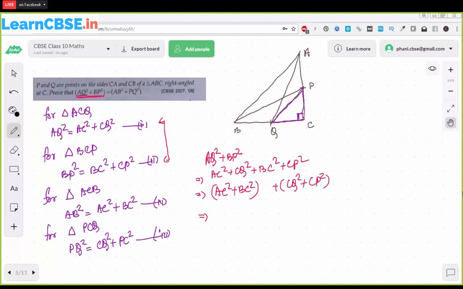So AC square plus BC square gives you AB square from the third equation. And CP square plus CQ square gives you PQ square. So we can write it as PQ square. So hence it is proved that AQ square plus BP square equals AB square plus PQ square.